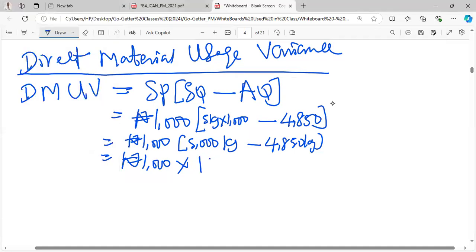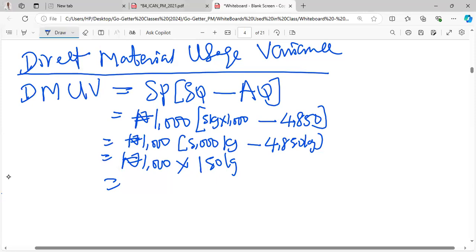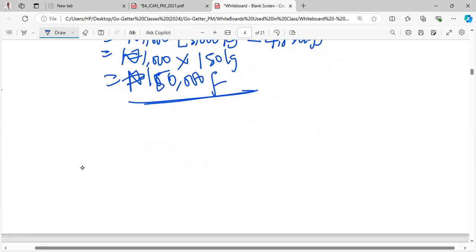So this is 150 kg. So when you multiply by 1,000, what am I doing? 150 times 1,000. That's 150,000. So that is your variance. 150,000 favorable.